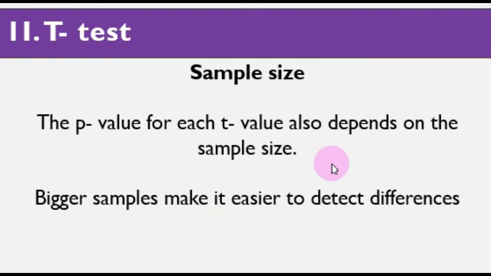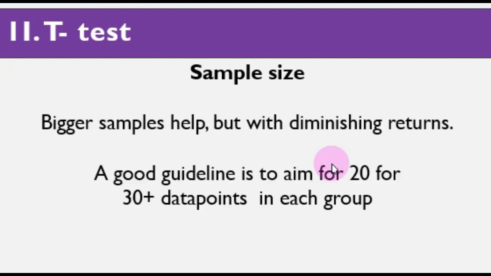So, sample size. The p-value of each t-value also depends on the sample size. Ibig sabihin, nakadepende ang sample size kung mas ma-generalize natin ang isang nakuha nating data. Bakit? Kasi bigger samples make it easier to detect the difference. Okay, so bigger samples help, but with diminishing returns.